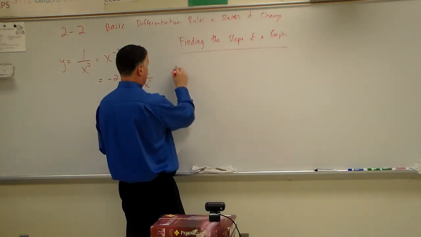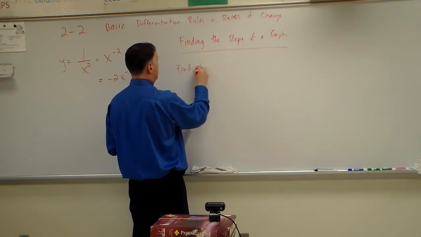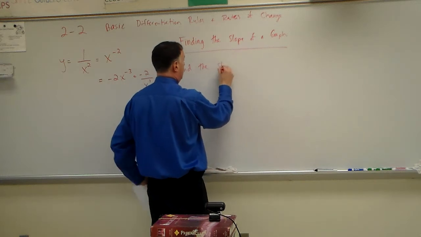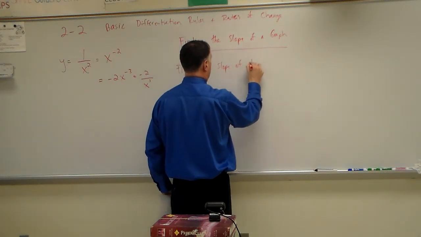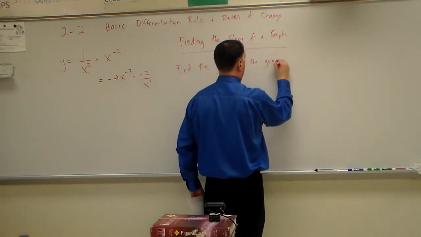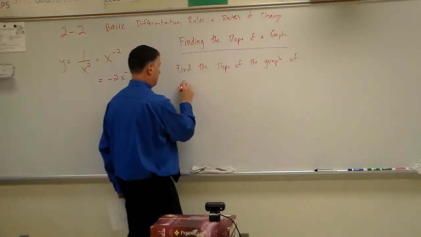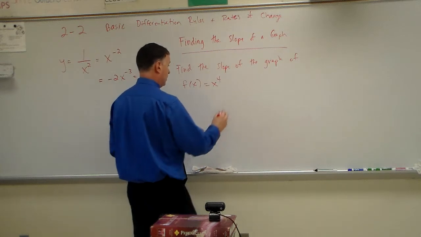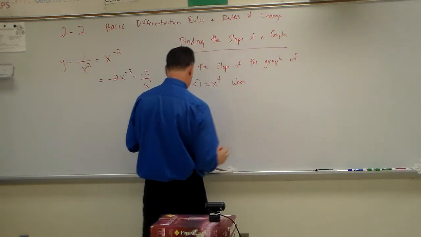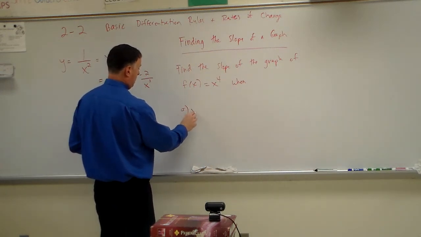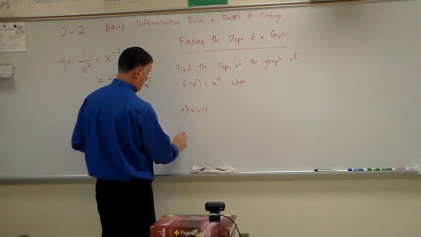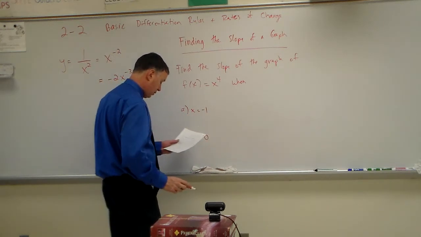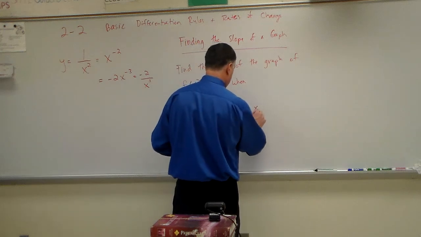We're going to say find the slope of the graph of f of x equals x to the fourth when x equals -1, x equals 0, and x equals 1.